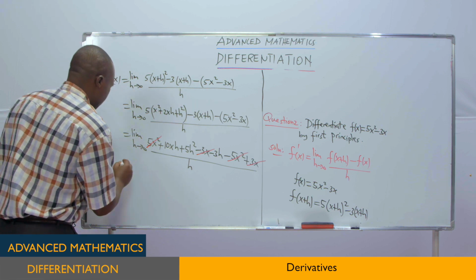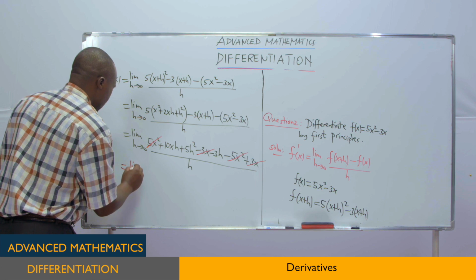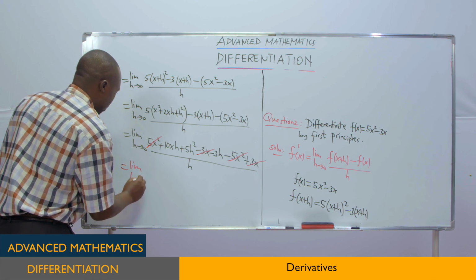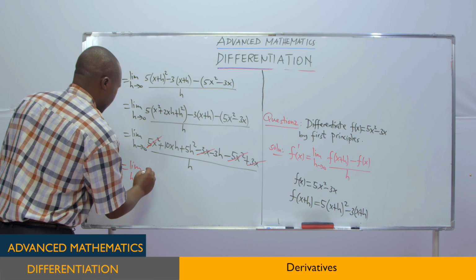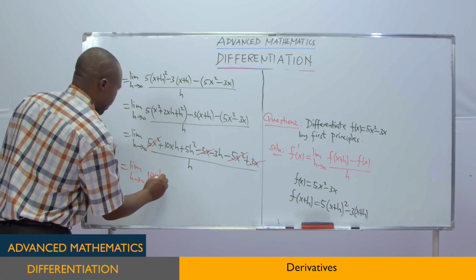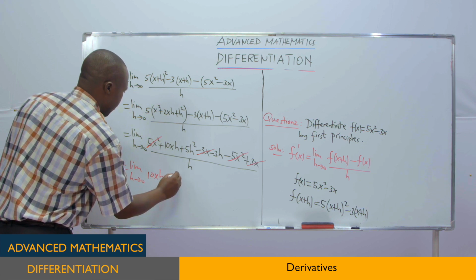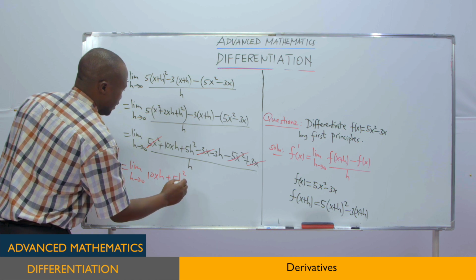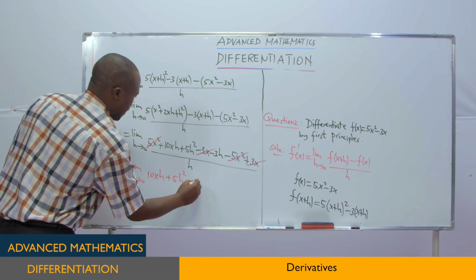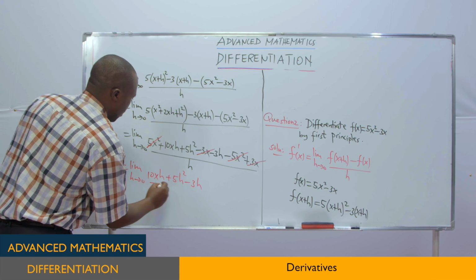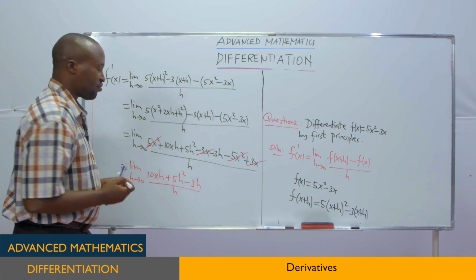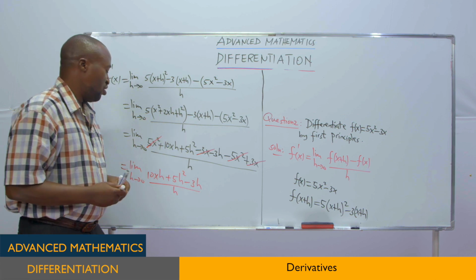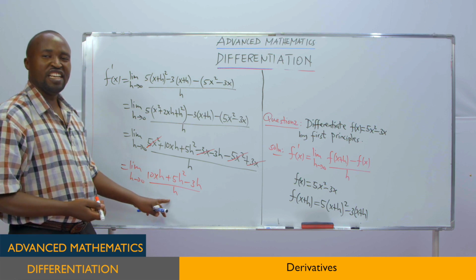We are going to remain with the limit of, as h approaches 0, 10xh plus 5h squared minus 3h, this one over h. So in each term, we are going to divide by h.